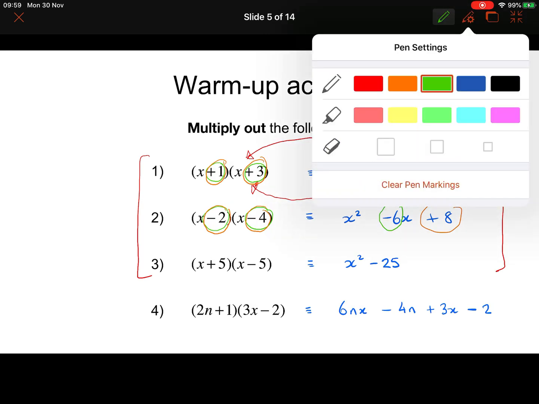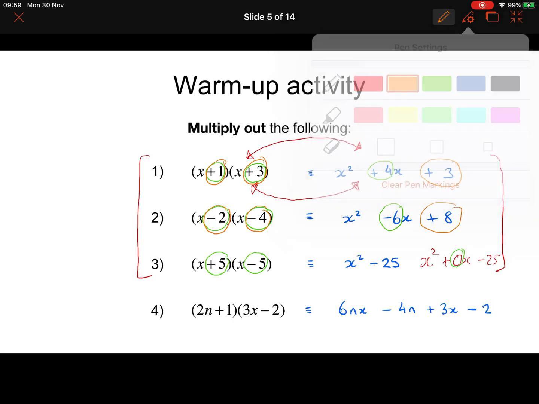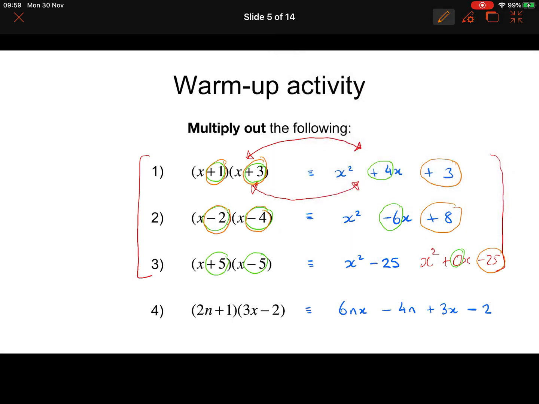Remember what I said with this one: technically it is x squared plus 0 x's minus 25. So can you spot a pattern that links this 0 to these numbers here and this minus 25 to these numbers here? Okay, now hopefully some of you have spotted the pattern.